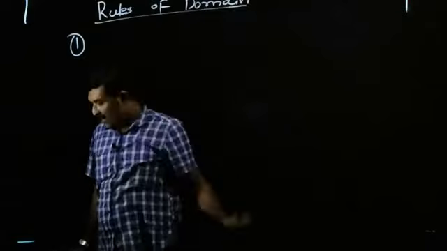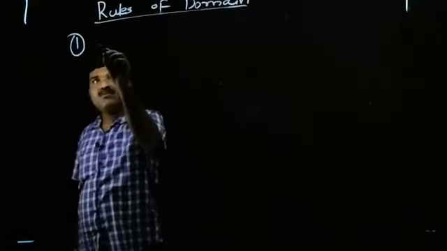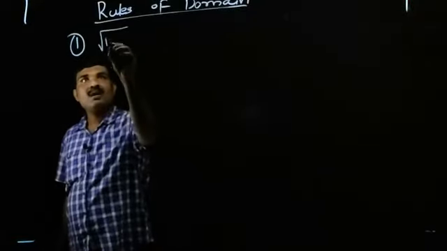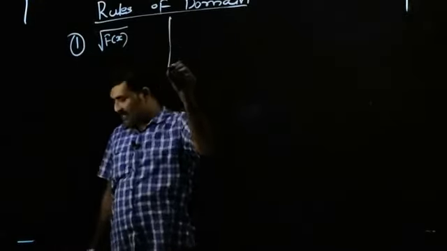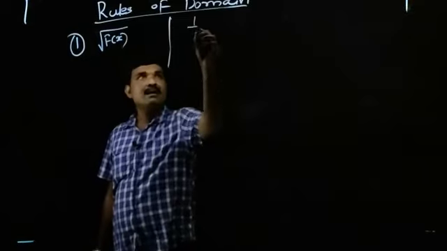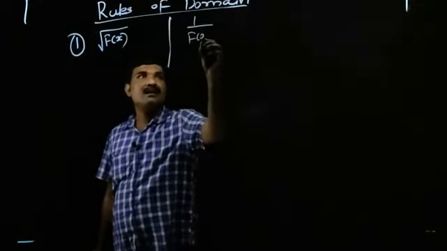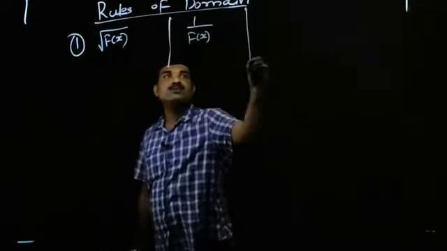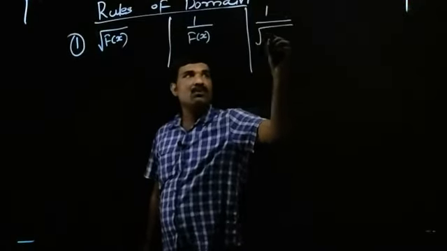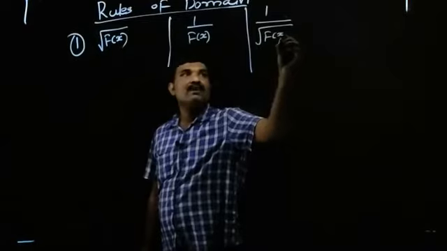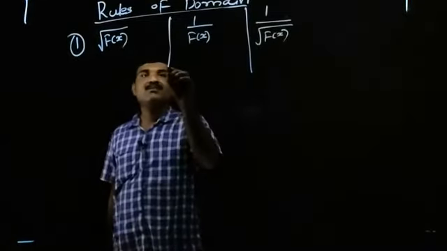The first rule: our function may be in the form square root of f of x, or this may be 1 by f of x, or the function may be in the form 1 divided by square root of f of x, right? So this is our first rule.